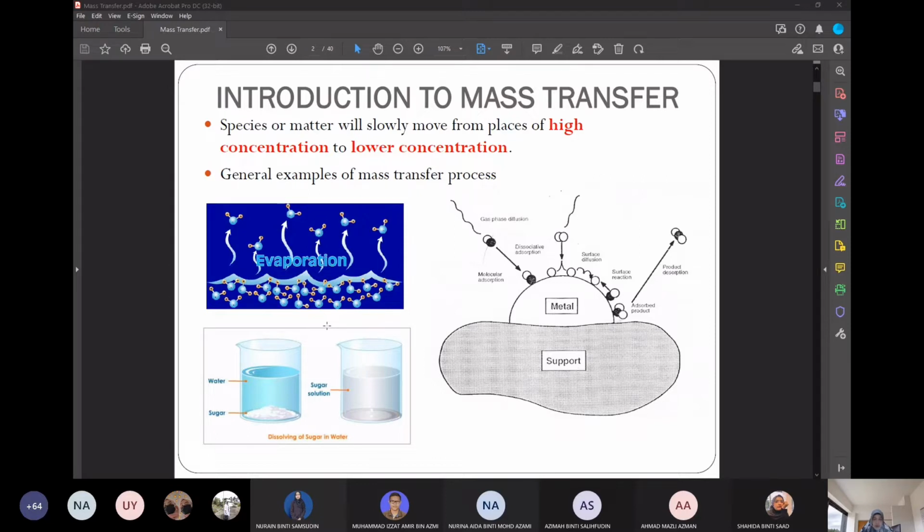It also can be done for solid actually, but the rate of mass transfer for solid is much slower compared to the rate of transfer for the gas. So I guess that you have learned this in your SPM level already.